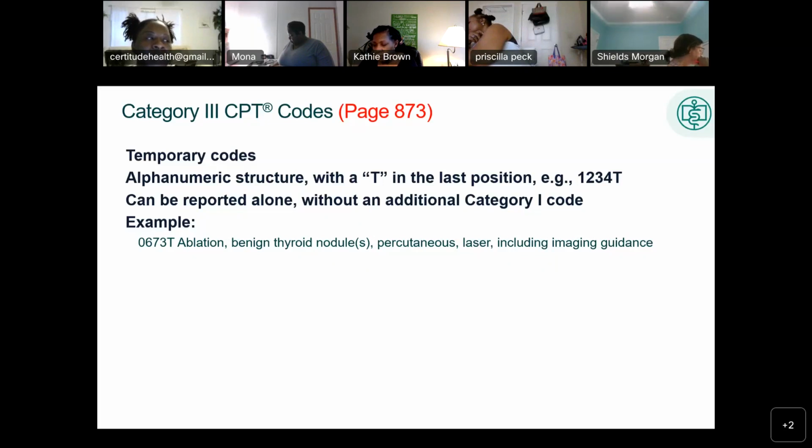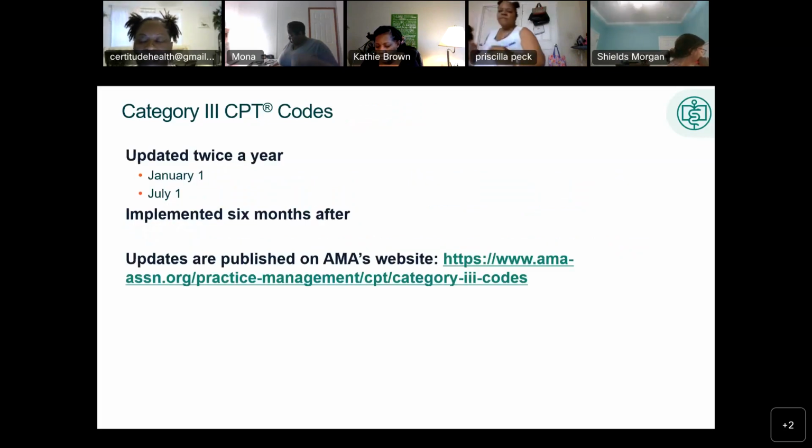And so what happens with these is CMS tracks how often the temporary codes are billed, and they review the data from that twice a year, once in January, once in July, and they will determine based on how often a particular T code is used if it needs to be turned into a category 1 code.